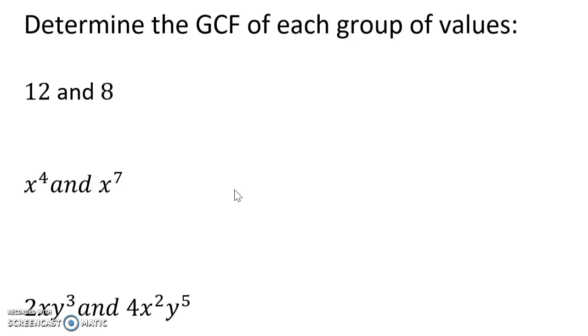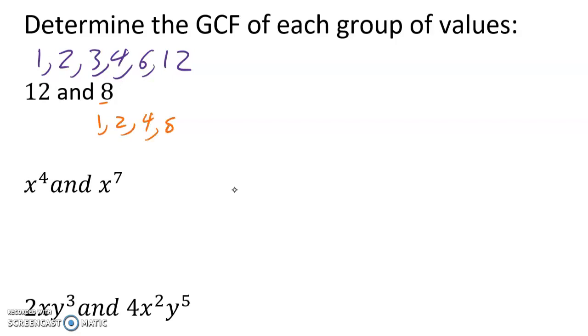If I'm going to do that, I'll think about what are all the factors of 12? That's like thinking, what are all the numbers I can divide 12 by? Well, I could divide it by 1, or 2, or 3, or 4. Not 5, but 6. Wow, a lot of factors in 12. And 7, 8, 9, nope, but 12. Yeah, there's all the factors. What about 8? I could divide 8 by 1, or 2, or 4, or 8.